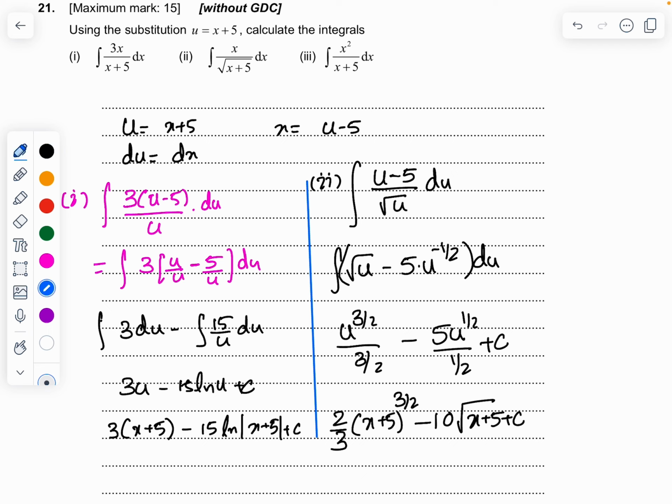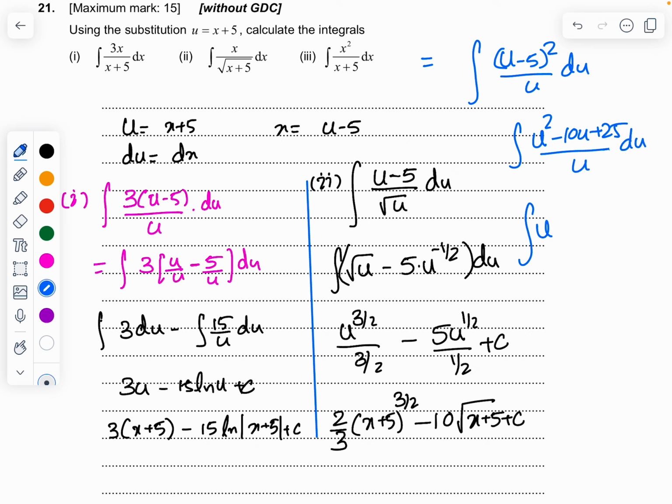Coming to the third part. x square means u minus 5 whole square divided by u du. So it will become integral of u square minus 10u plus 25 divided by u du. So it will become u minus 10 plus 25 upon u du.